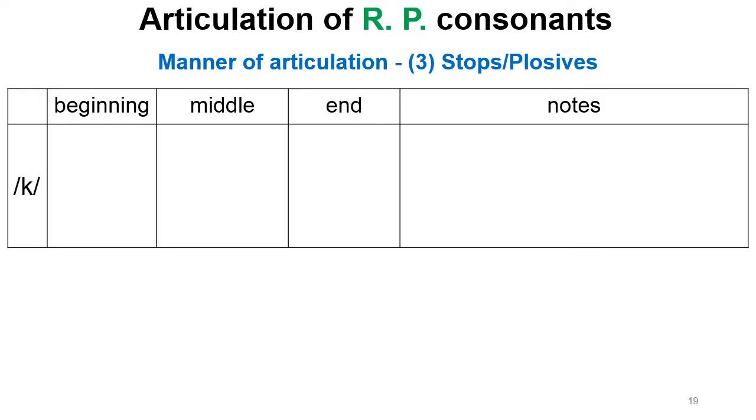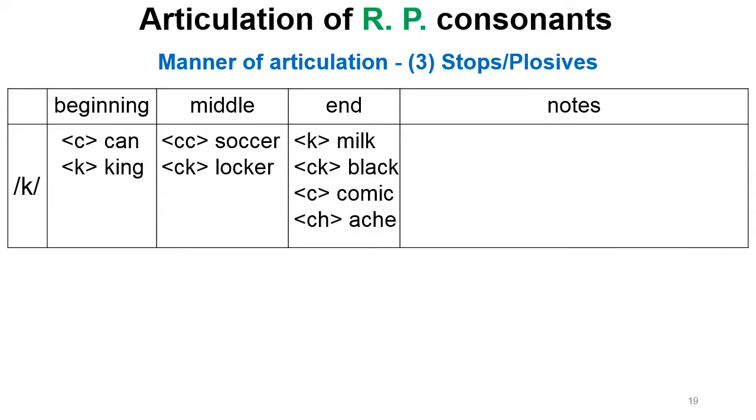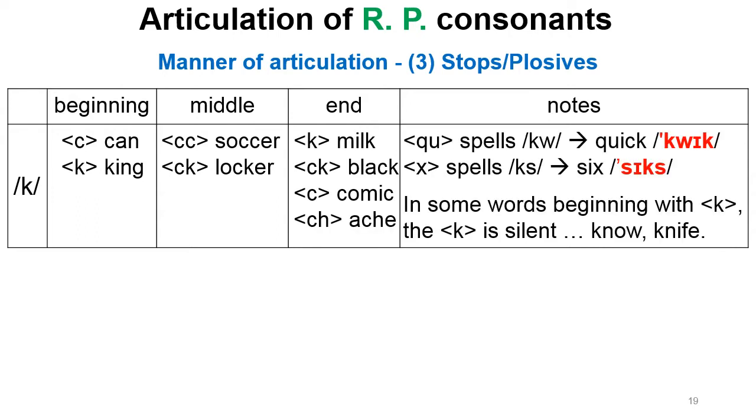Let's look at different ways we can spell the phoneme k in English, at the beginning of a word, in the middle, and at the end. Note that the letters QU spell qu, and the letter X spells ks. And also, in some words beginning with the letter K, the K is silent.